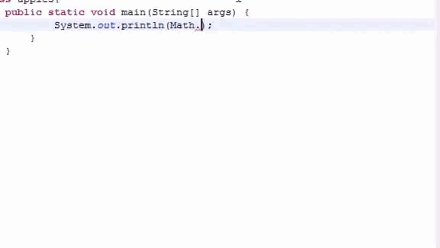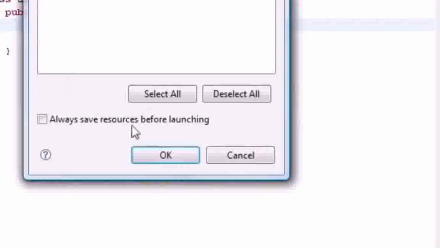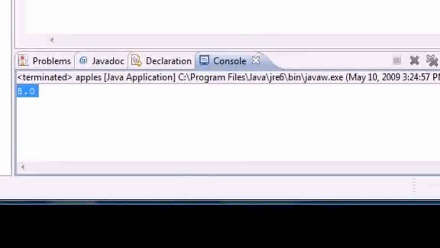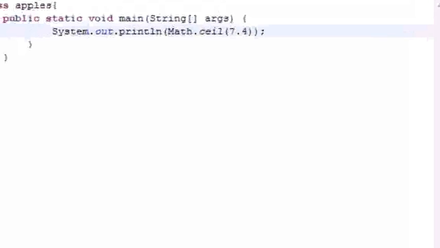The next thing I want to teach you about is ceil. And this stands for ceiling. Any number you give it, it's going to round it up. So if you give it 7.4, when you run it, it's going to round it to 8. So even if it is really supposed to round down to 7, when you use ceil, it always rounds it up.